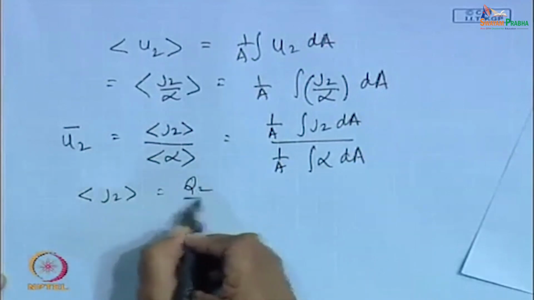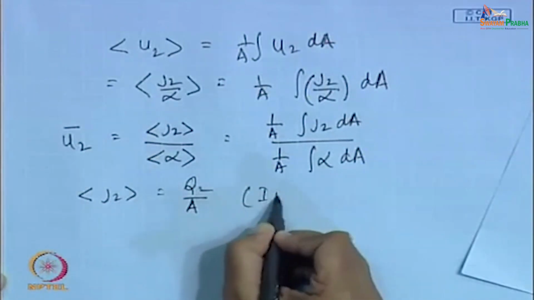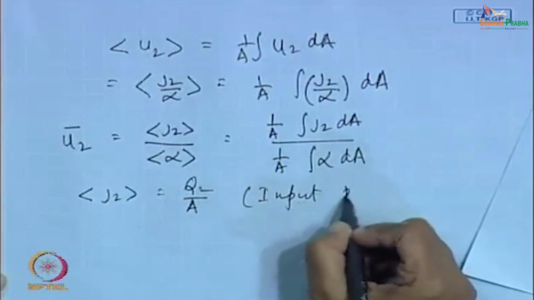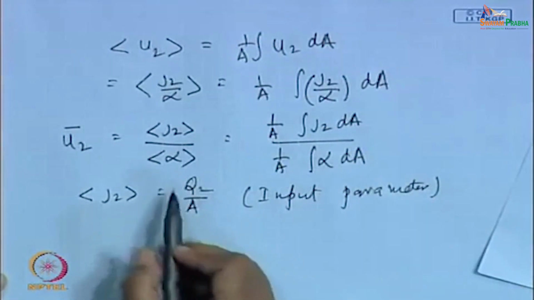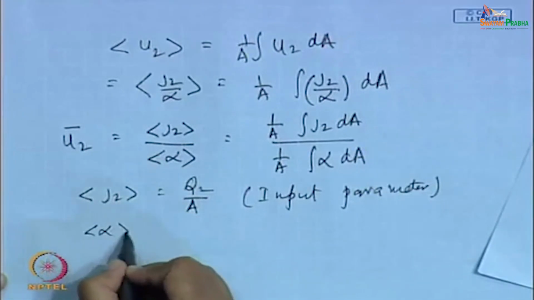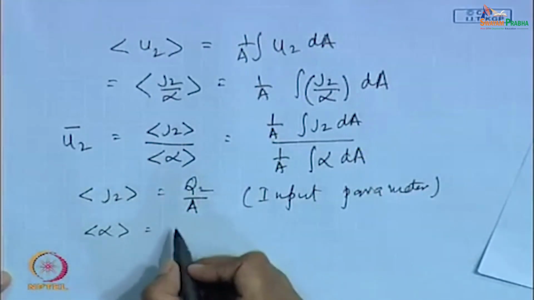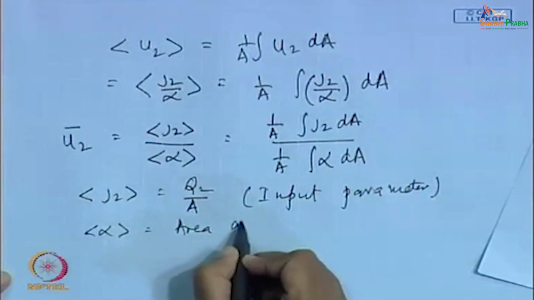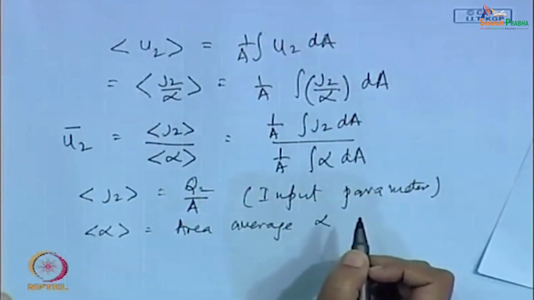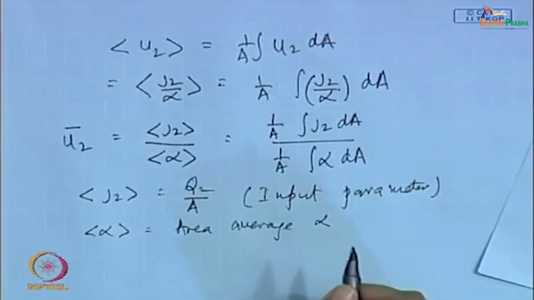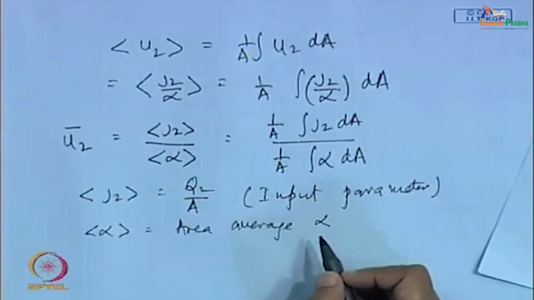This is nothing but Q2 by A. So, therefore, this is an input parameter or a measurable quantity. Similarly, this alpha is just the average alpha, the area average alpha, which you can very easily measure either by the conductivity probe technique or the radiation attenuation technique and so on and so forth.